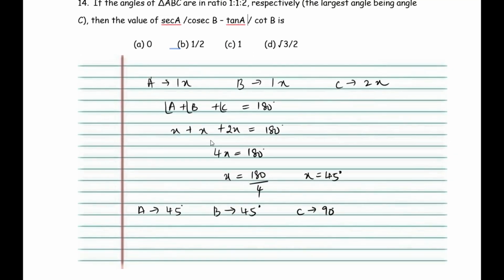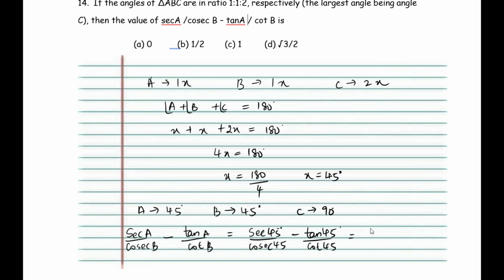We need to find out secant A divided by cosecant B minus tan A divided by cot B. Secant A is secant 45 degree, cosecant B is cosecant 45 degree, tan A is tan 45 degree, and in the same way, cot B is cot 45 degree.